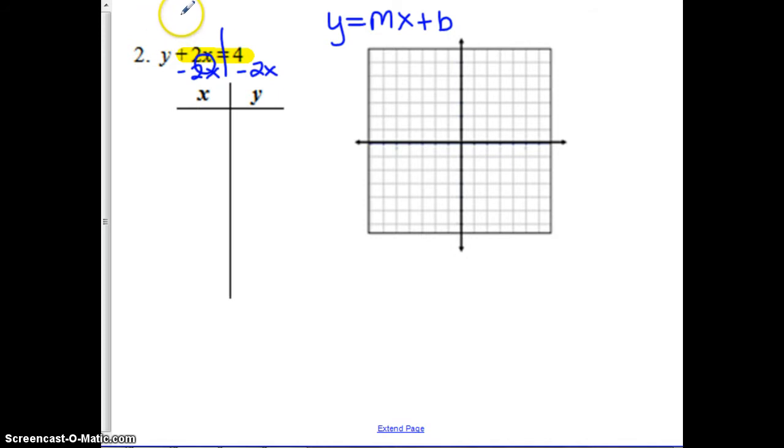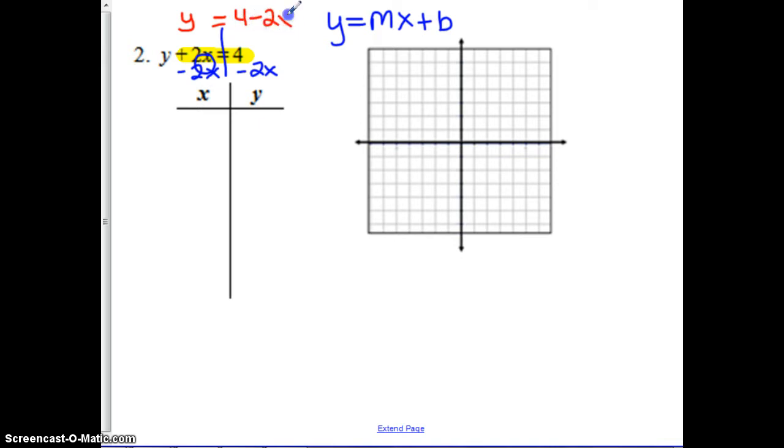So on this side, I now have y equals, on this side, 4 minus 2x. I can't combine them because they don't both have an x. My 4 came first. I'm going to have minus 2x.